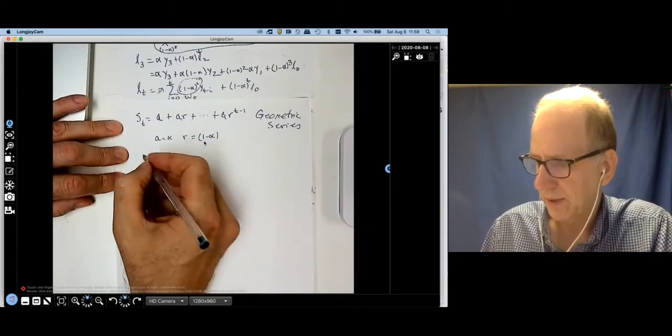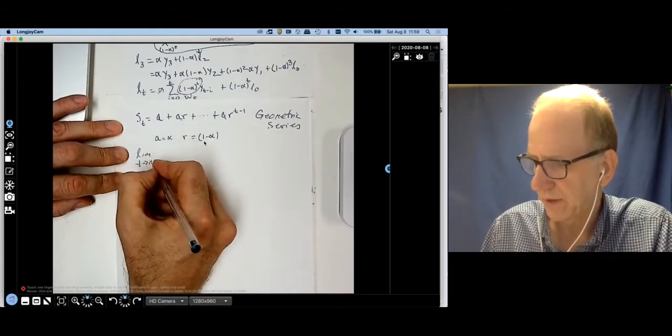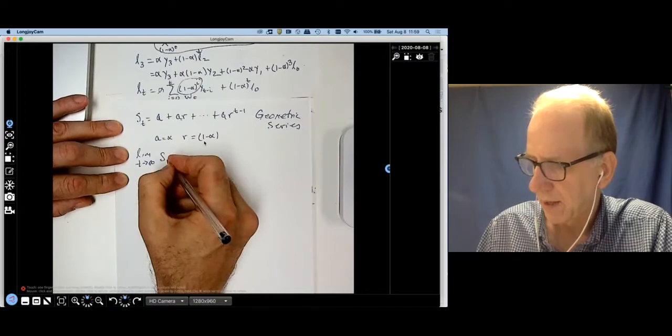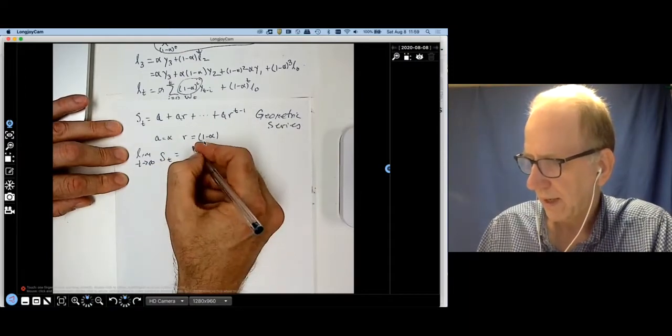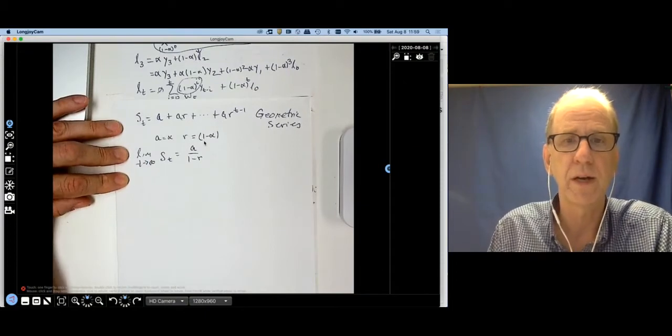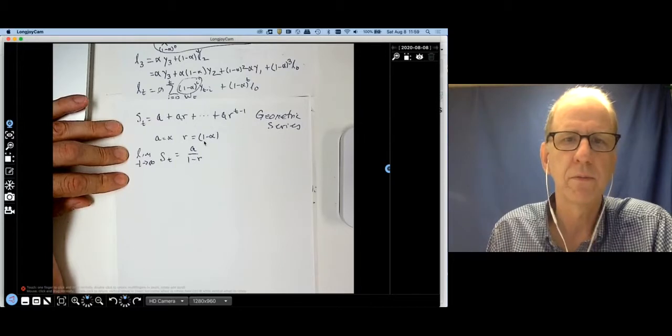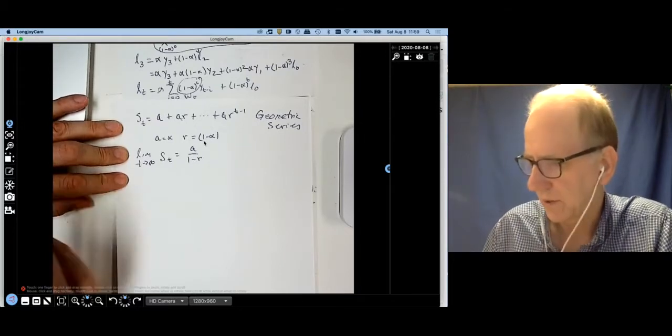And what we know is that if we take the limit as t goes to infinity of S t, this is equal to A over 1 minus R. So that's a really famous formula that you would have gotten when you covered sequences and series back in calculus.